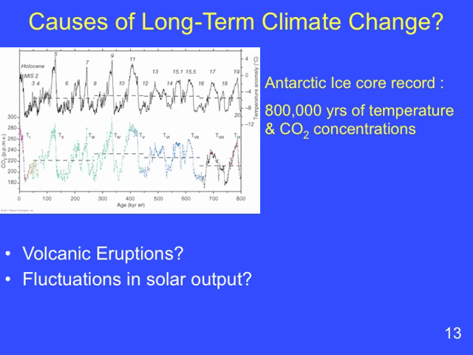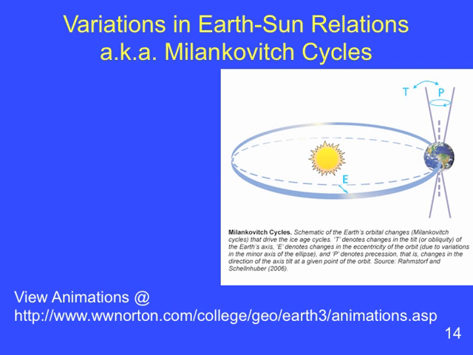Slide 14. One of the most brilliant minds of the 20th century, a guy by the name of Milutin Milankovitch, looked at some of this data, at these cyclical patterns in Earth's climate history.